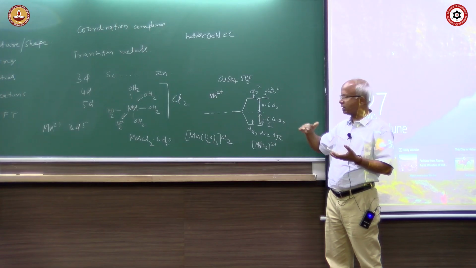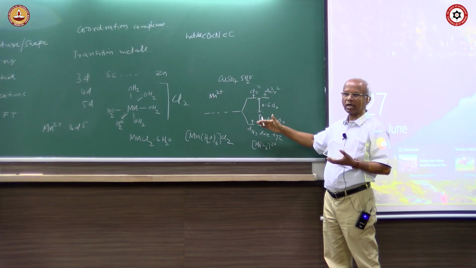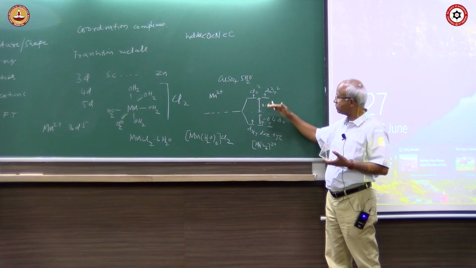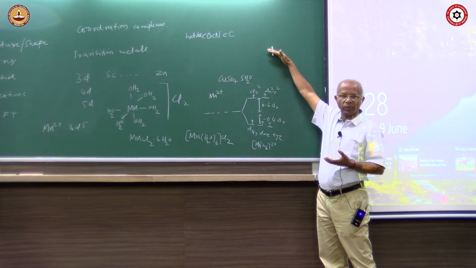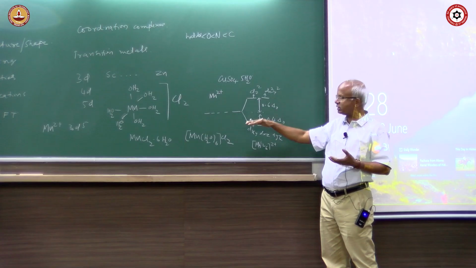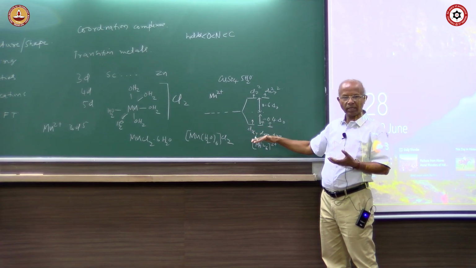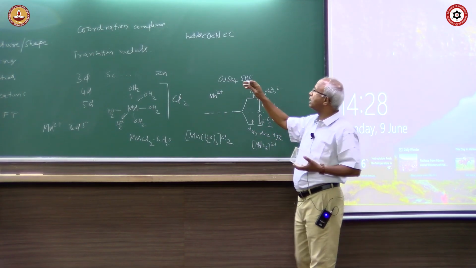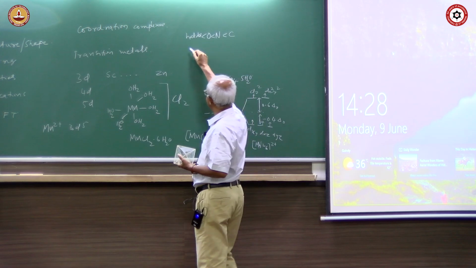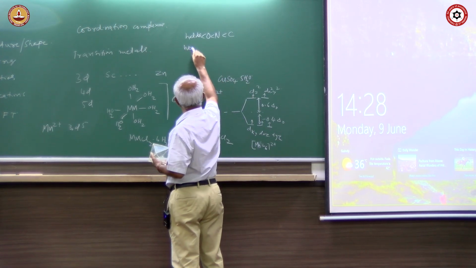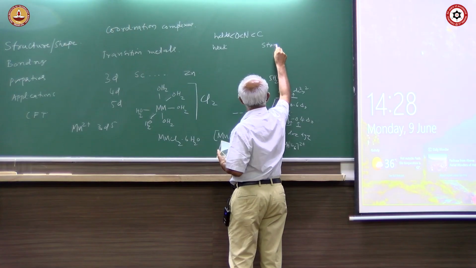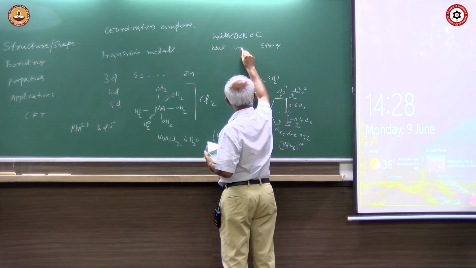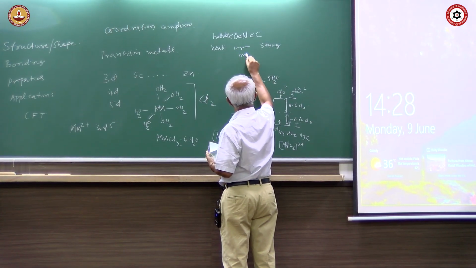So indicating that the other electrons cannot really come and pair here, unless this is much above where the electrons cannot really go up. So then they don't have any choice except to come here and get paired. But in this case it doesn't happen, because water is a weak field ligand. So these are called weak field ligands, and these are called strong field ligands, and these are called moderate ligands.